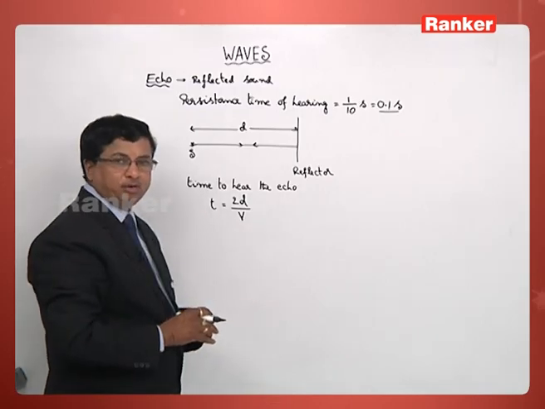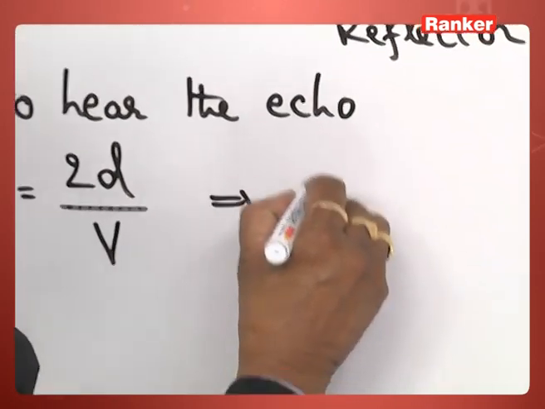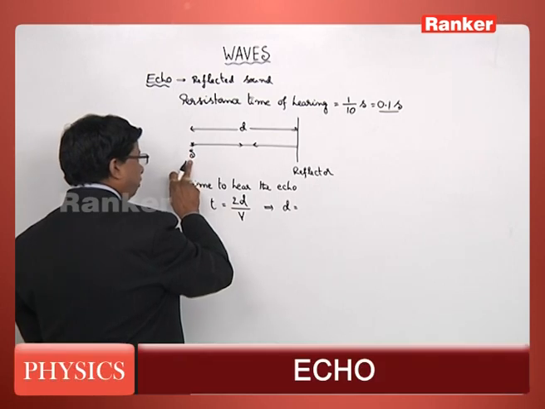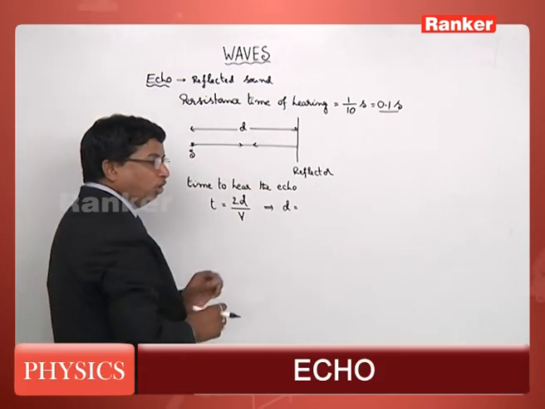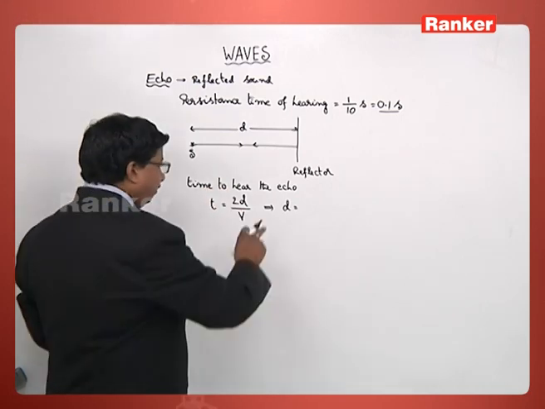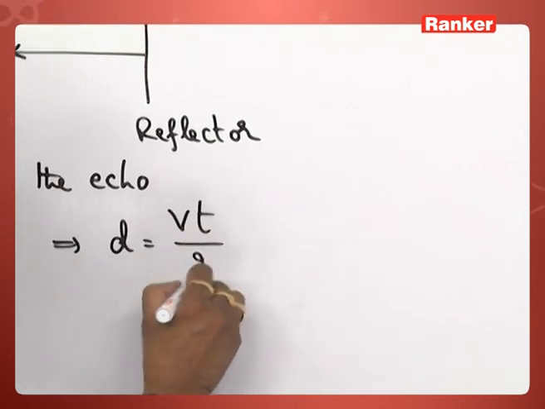In other words, you can rewrite the same to find the minimum distance that should be maintained between the sound producing source and the reflector to hear a very clear echo. That d we can write as vt by 2.